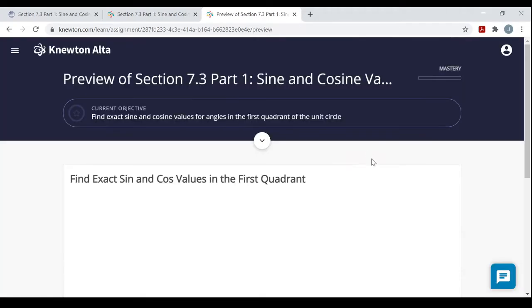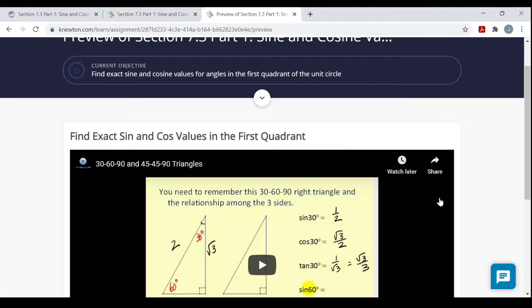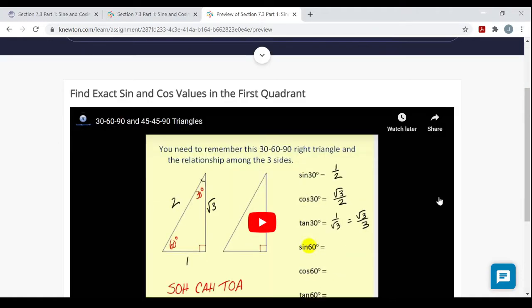And I'm going to go to some paper here, because I think the first thing they have is a video for you on 30-60-90 and 45-45-90 right triangles, and finding the sine and cosine of 30 degree, 45 degree, and 60 degree angles. Those are our special angles that you should know the sine and cosine of by heart.